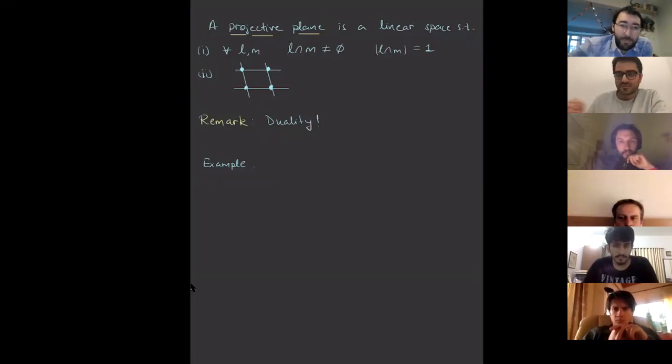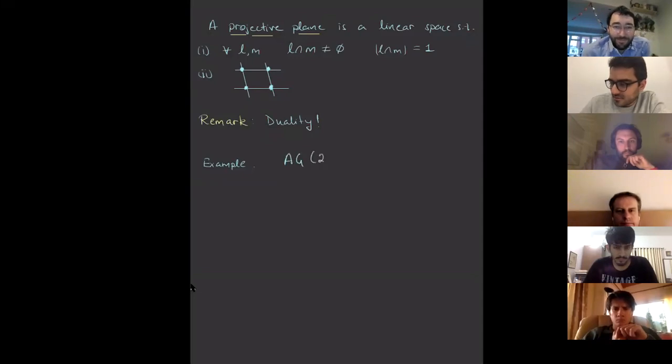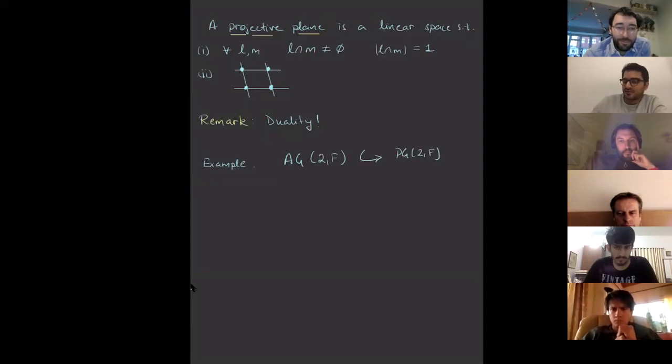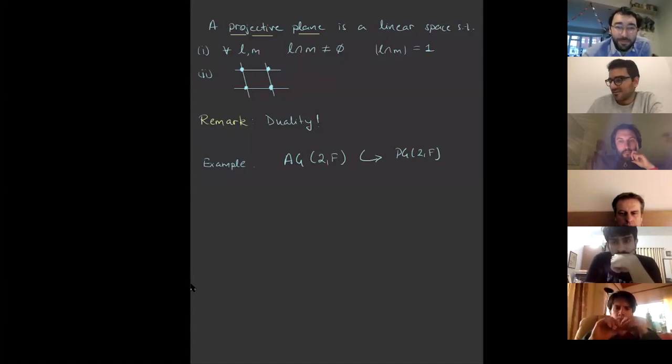Okay, and what's the main example we will be working with? Well, in fact, we will see that from any affine plane, we can construct a projective plane. And this is a very nice and historical construction, I think first observed by artists and then formalized by mathematicians.